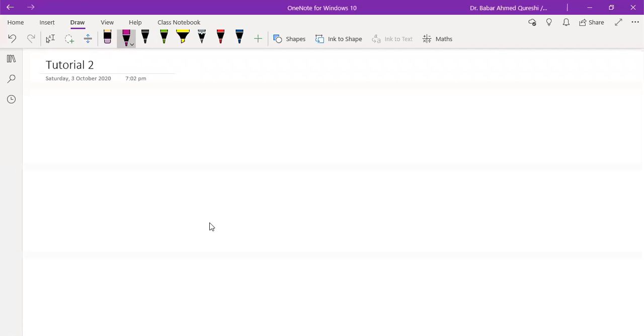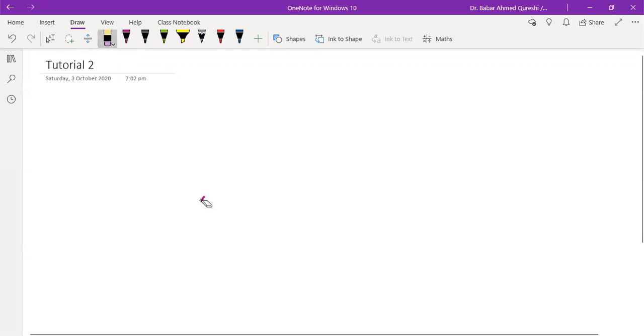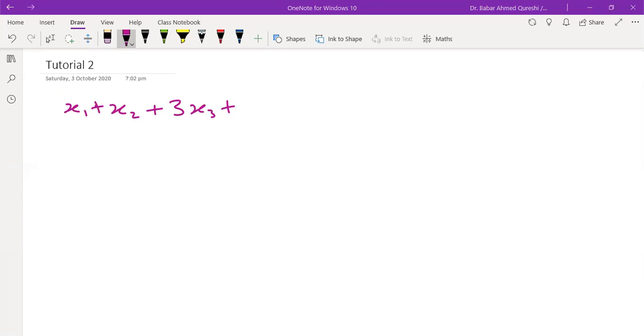So the first one is x1 plus x2 plus 3x3 plus x4 is equal to 3. Wait, I made a little mistake.